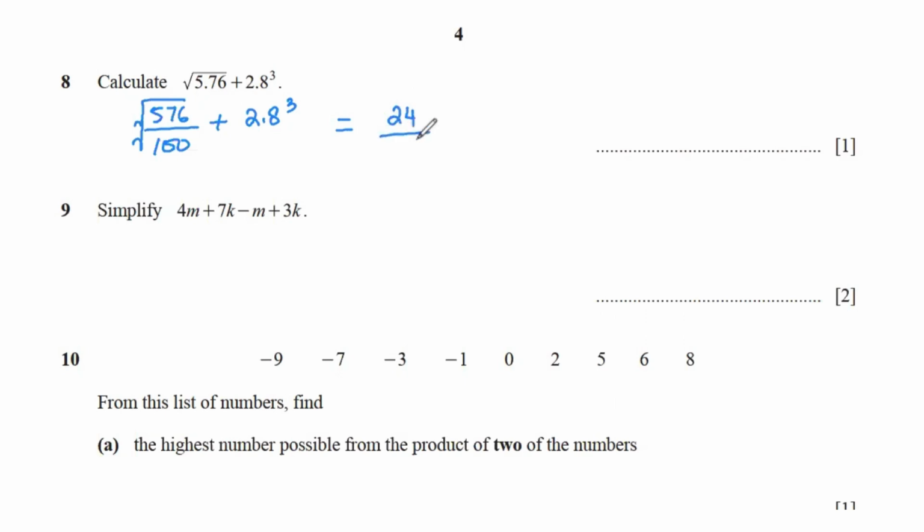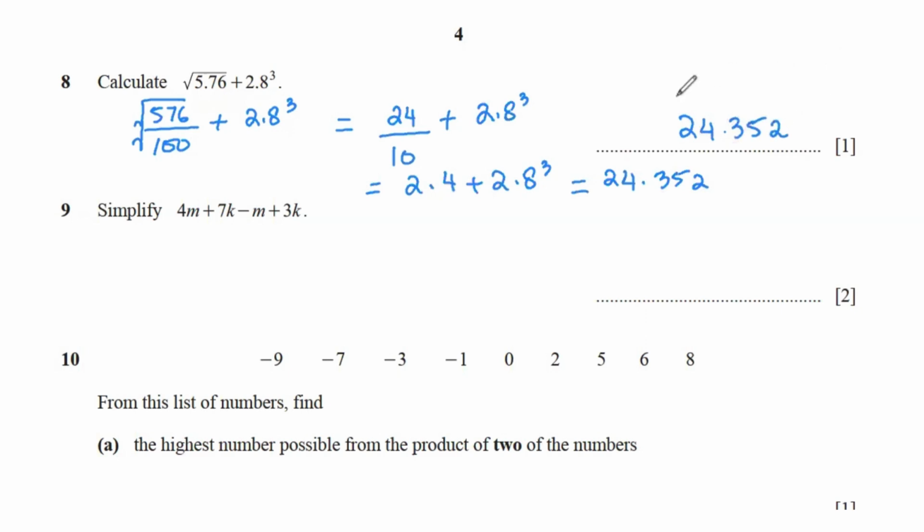And 100 is also a square number, which is 10 squared. So 24 over 10, plus 2.8 cubed. 24 over 10 is 2.4. So 2.4 plus 2.8 cubed is going to give us 24.352. That is your answer. Then it says simplify 4m plus 7k minus m plus 3k.